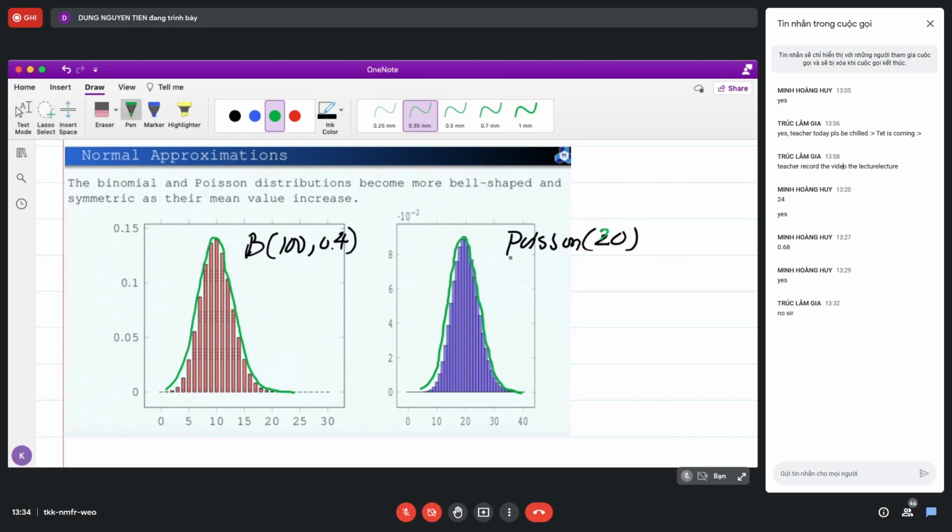So it seems that when n is big enough, or the mean values increase, the distributions become more and more symmetric, and they look more and more normal. Just like if n is big enough, or the mean values are big enough, then this distribution will reach the family of normal distributions.